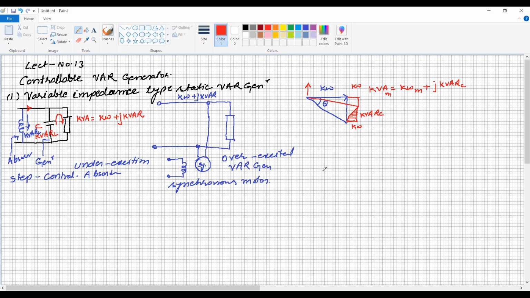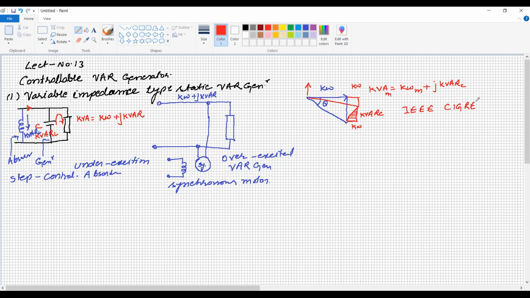VAR absorber is an inductor, VAR generator is a capacitor. So as per the definition of IEEE, this is the definition by IEEE, and the second is the CIGRE.